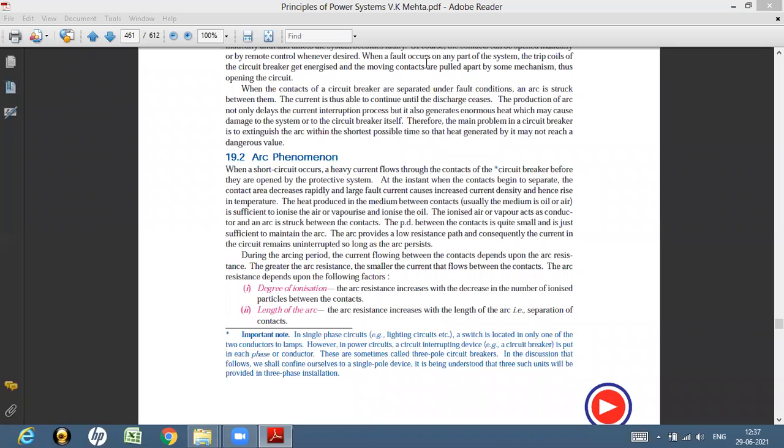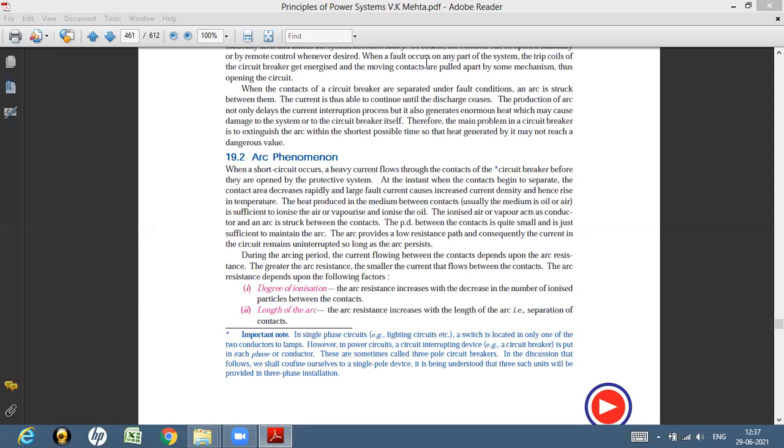So to quench or extinguish the arc generated between the two contacts, it all depends upon the resistance of the arc. If the resistance of the arc is greater, a smaller current will flow, because resistance is directly proportional to length and inversely proportional to the area of cross section.